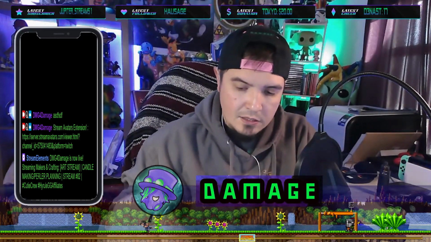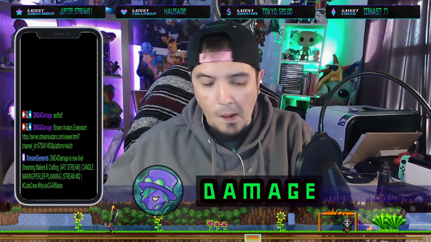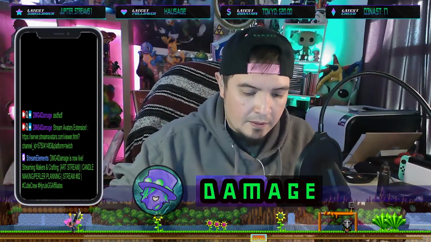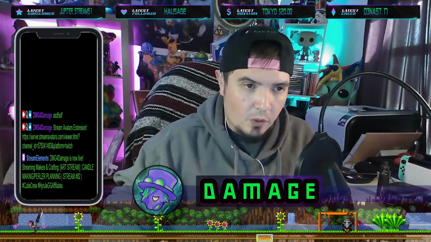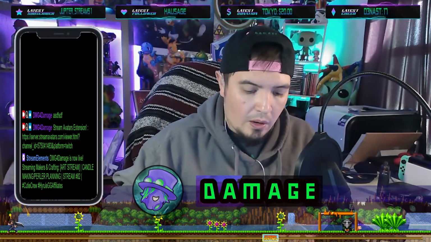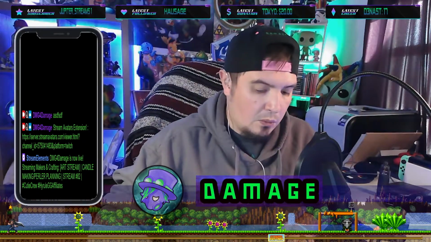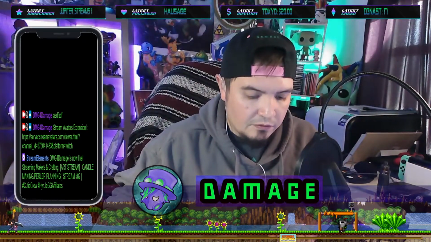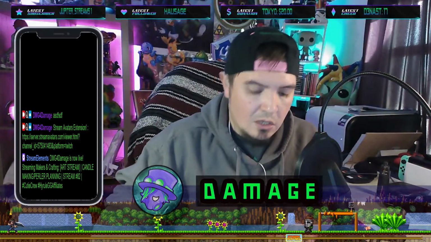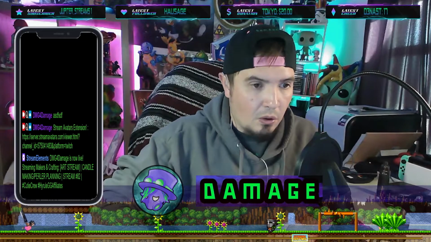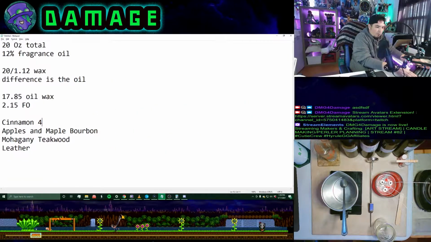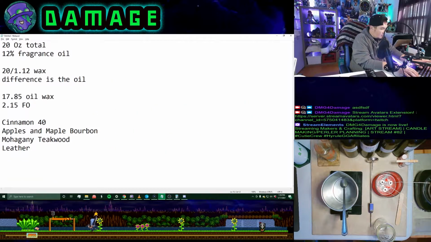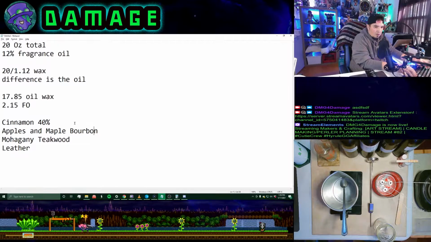So in this case, I did 4 different scents. Mahogany teakwood was at 40%, crackling birch was at 35%, bergamot was 15%, and leather was 10%. So I'm going to keep it close to those amounts. I want to do 40% here, 35% here.